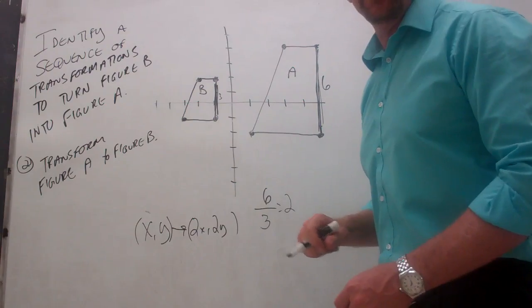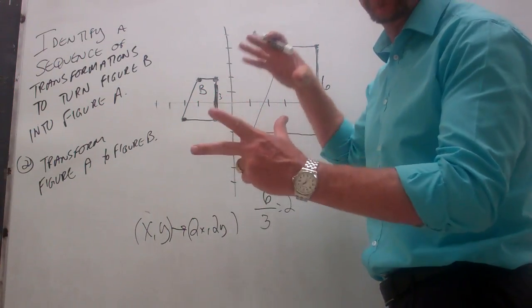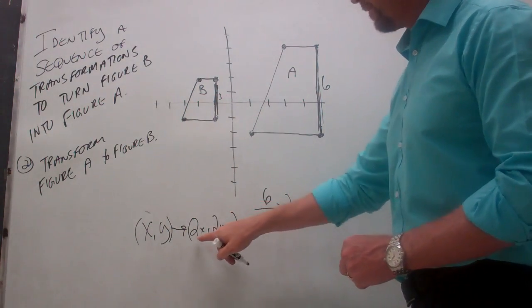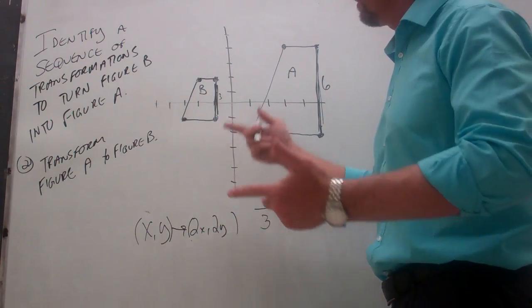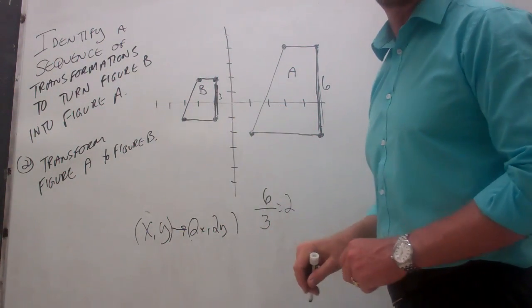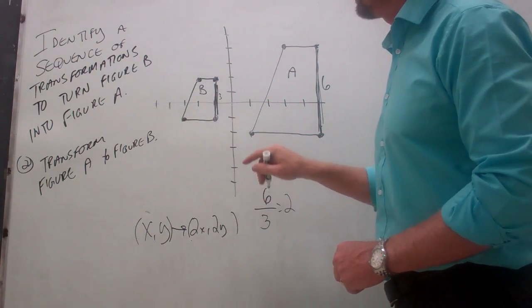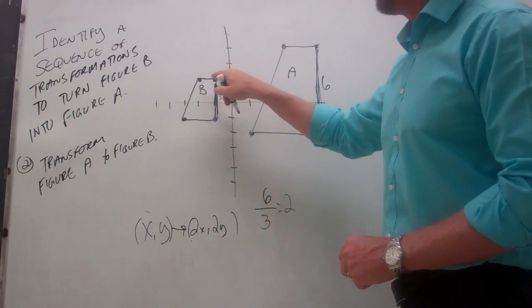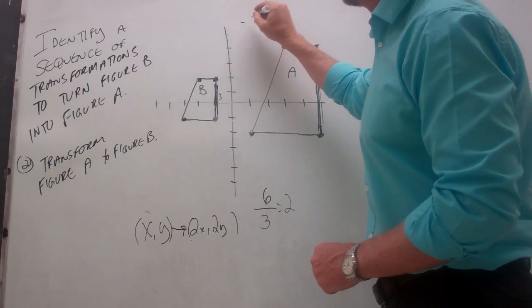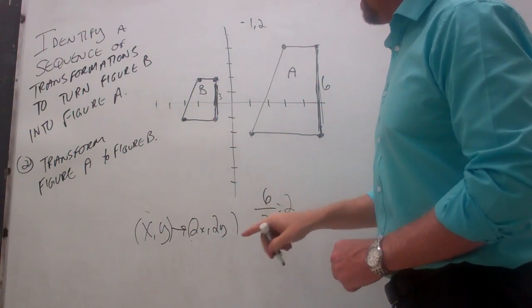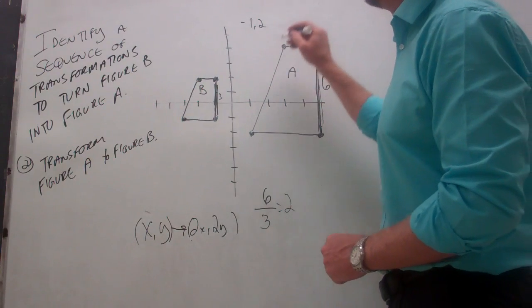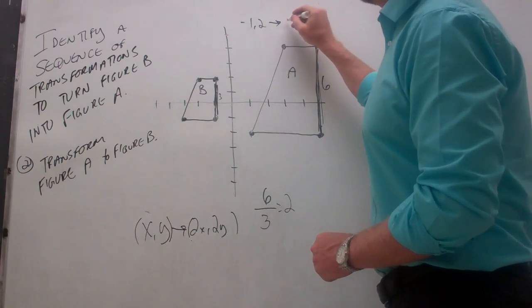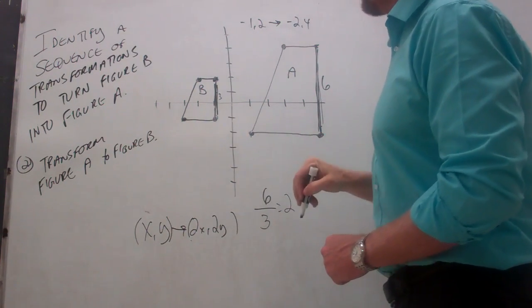But where exactly would this trapezoid be once we dilate it? Well, if we apply this rule to any one of our coordinates, let's pick this point again, which had coordinates of (-1, 2). If I apply the transformation of multiplying the x and the y by 2, that would become (-2, 4).